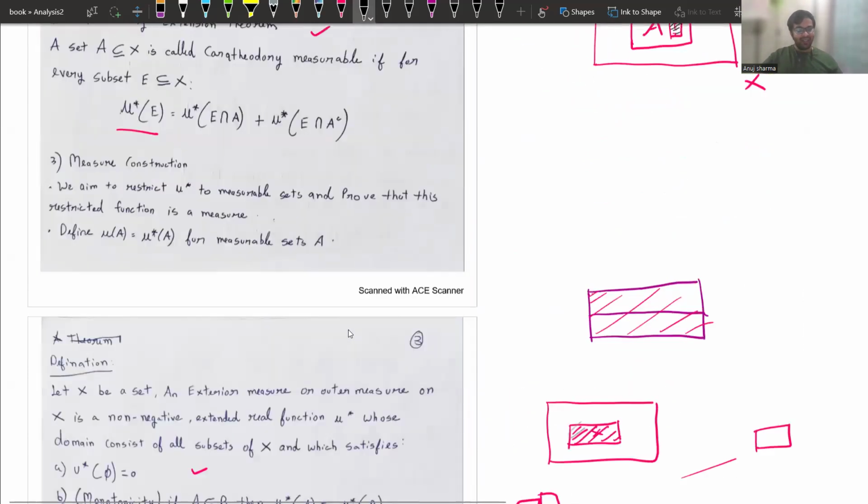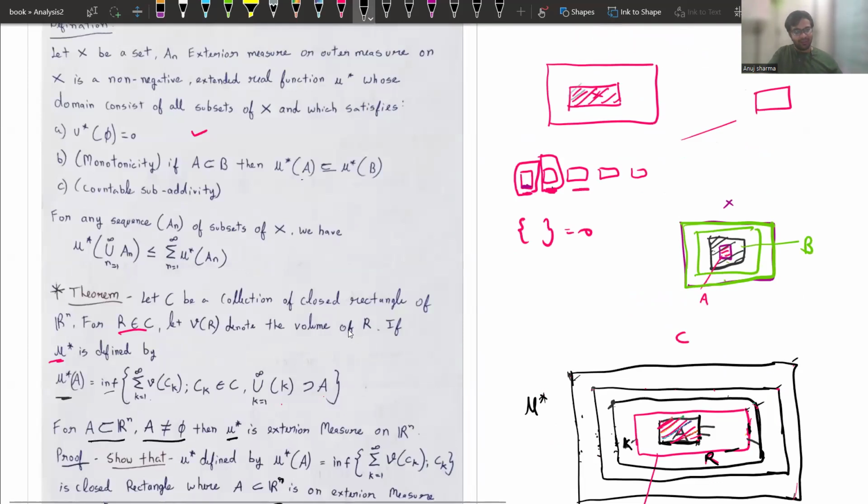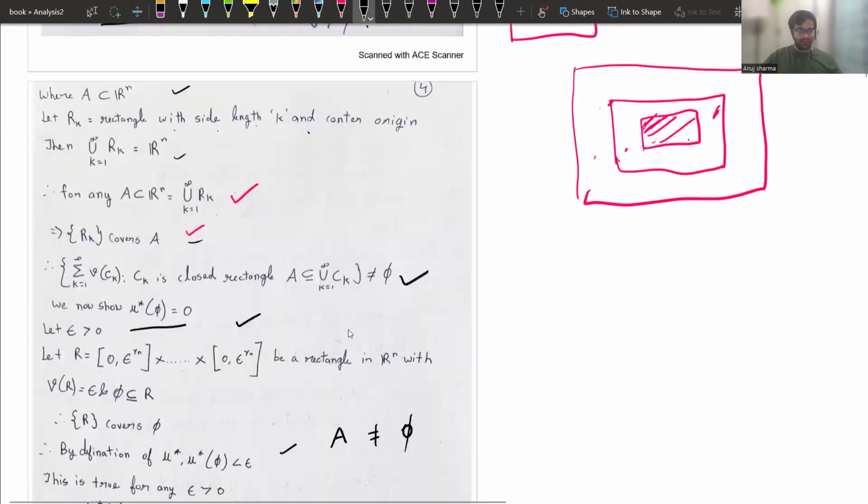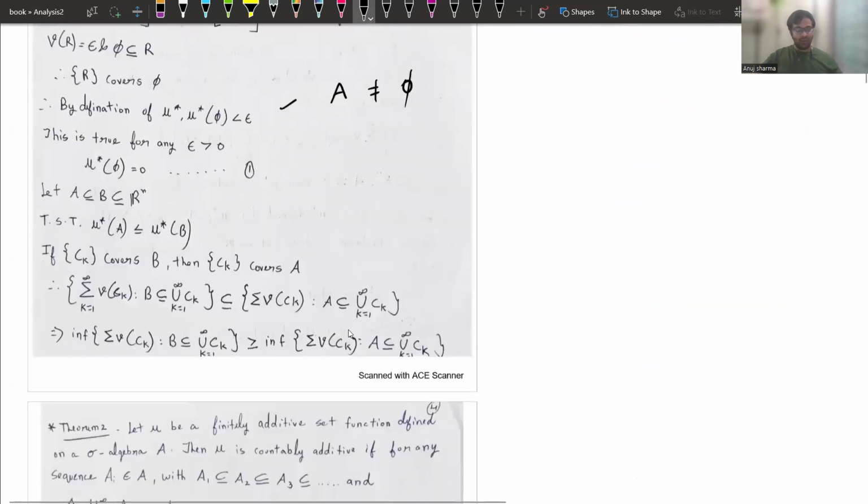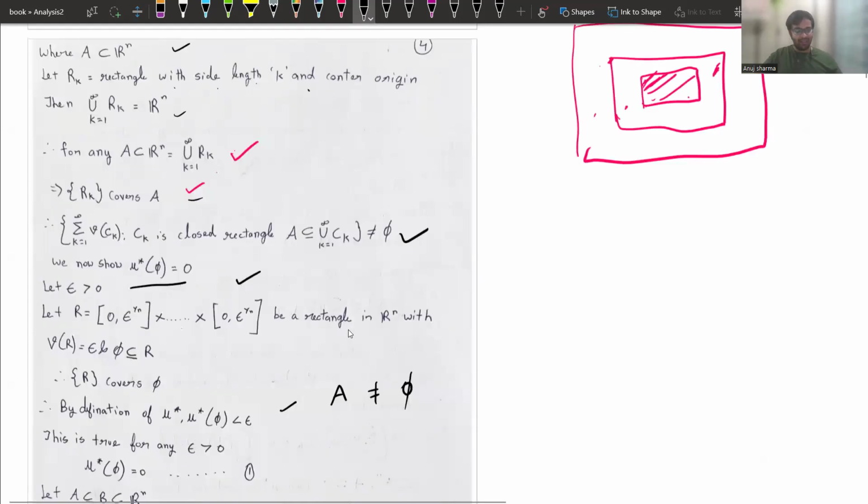So from here you can see that there are three properties. If these three properties are satisfied, then it is a measure. You can say it has a measure. So first we prove that it is not a null set, as it was given in the theorem itself.